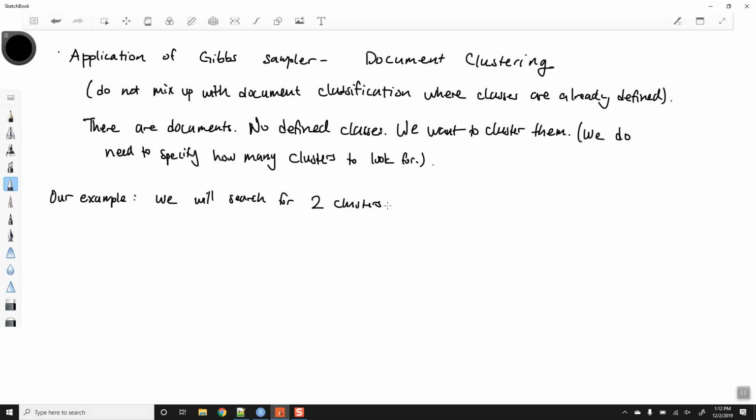This keeps one portion of the math easier, because if you have 2 clusters, you can use a Bernoulli: it's either cluster A with probability P or cluster B with probability 1 minus P. We can easily go to a multi-cluster setting by generalizing from the Bernoulli to the Dirichlet. Maybe you are or are not familiar with the Dirichlet distribution, and we will have to cover it anyway, so I'll explain that shortly.